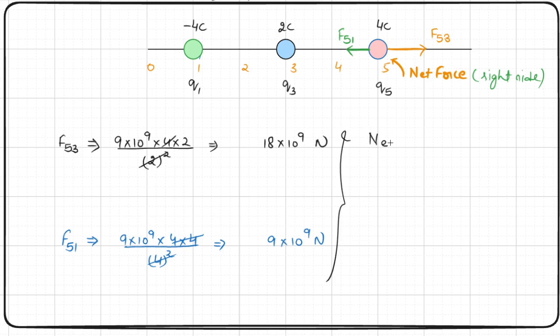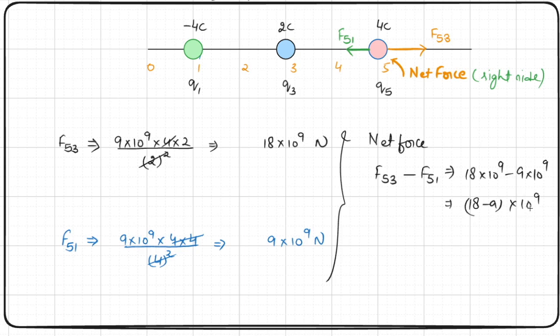Net force will be F53, because that is more, minus F51, since we have to reduce this side's force. That will be 18 into 10 to the power 9 minus 9 into 10 to the power 9. You can take 10 to the power 9 common, so it will be 18 minus 9 into 10 to the power 9, and then it becomes 9 into 10 to the power 9 Newton.